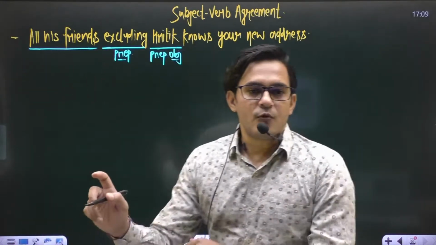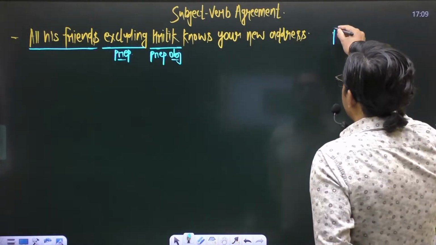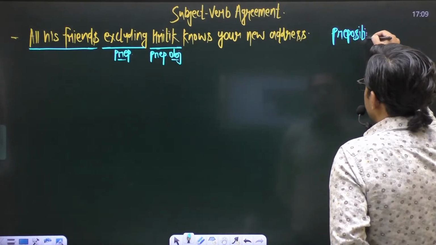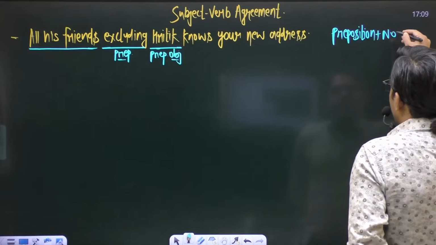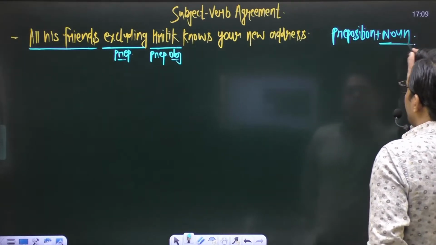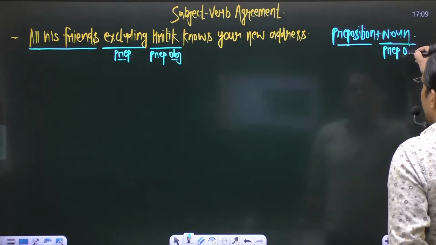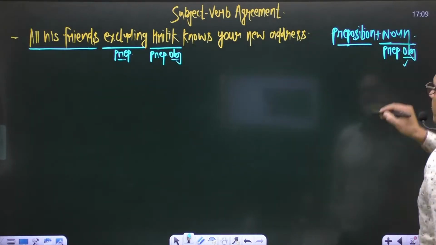Make sure whenever you get a preposition in a sentence, it is always used before a noun or pronoun, and after a preposition the noun which you get is always the prepositional object.